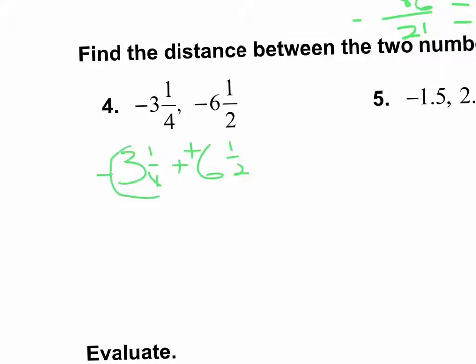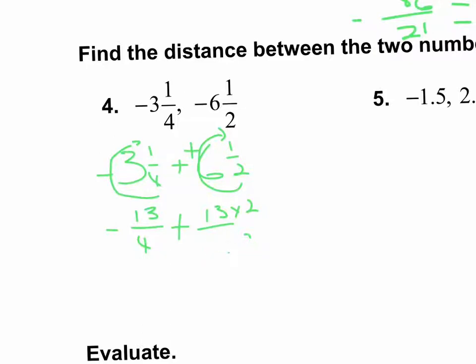So 4 times 3 is 12, plus 1 is 13, so I get 13 fourths, plus 6 times 2, which is 12, plus 1 is 13, and I have 13 halves. So 4 is my common denominator, so the first fraction gets to stay the same. The second one, we're going to times by 2 to get it to 4.